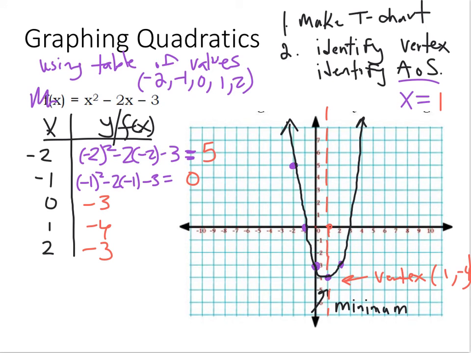So really the axis of symmetry is going to be the x value of that vertex. As of right now, this is how we graph quadratics. We make a t-chart, we identify the vertex and the axis of symmetry by graphing it and finding those particular values. And that's going to do it for this video.